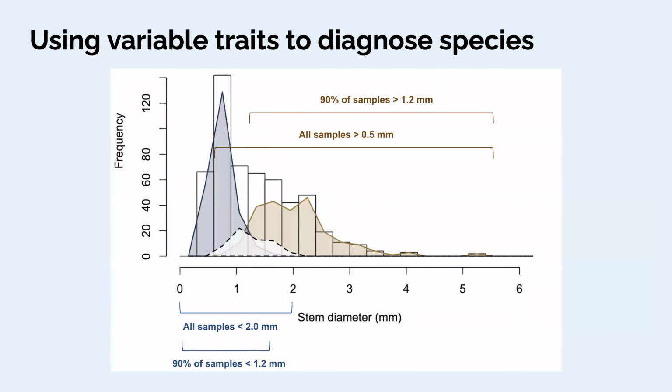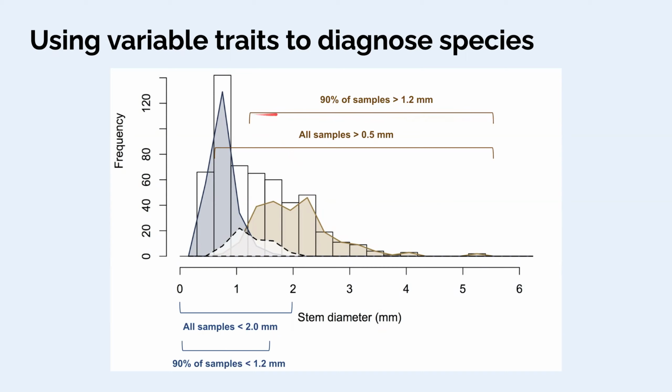So once you've identified your variation, using that variation among the morphological features to decide where one species ends and another one begins, you need to account for some of that variation. So here we've got a range of values.